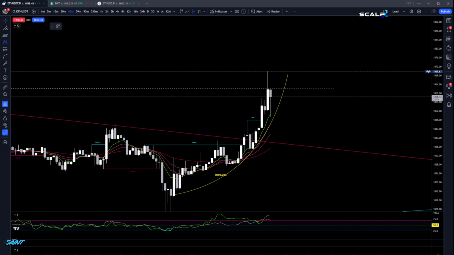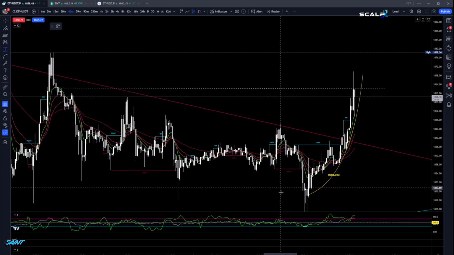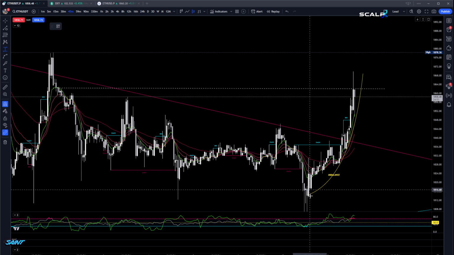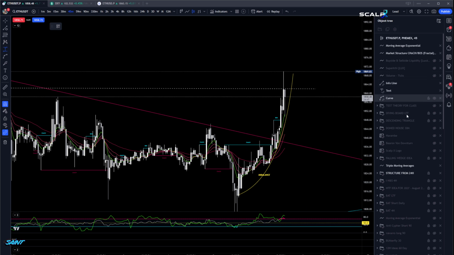Price range for measured distance, right? So you can just get an idea of how far that move is going to be. It's just good for tracking. Actually, I did it over here. Structure real quick.